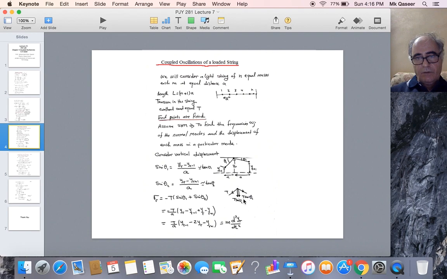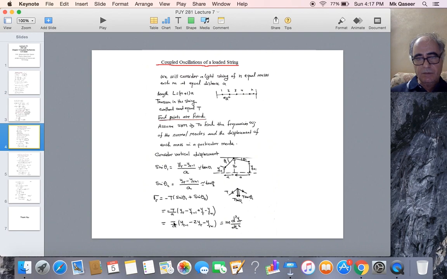Now the restoring force, the vertical restoring force, is T sine theta 1 plus T sine theta 2. So this is the restoring force. According to these relations, it reduces to this form: minus T over a, minus because it's a restoring force, y r minus y r minus 1 minus y r plus y r minus y r plus 1.